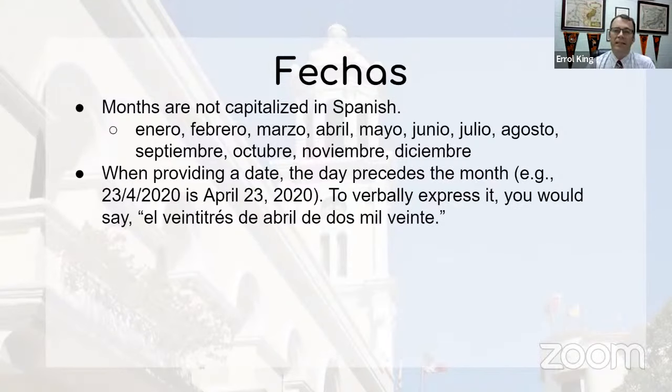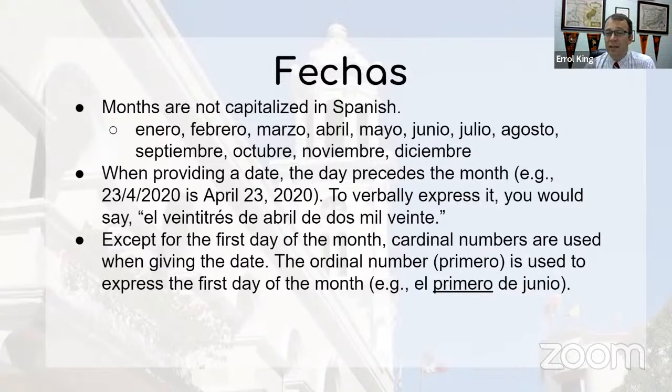Also, when providing a date in Spanish, or in really most any European country, the day precedes the month. So April 23rd, 2020 would be 23/4/2020. And to verbally express it, you would say el 23 de abril de 2020.